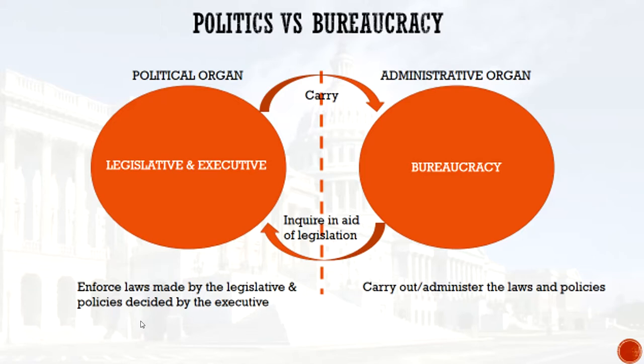The second reason the political organ is political in nature is that your legislative and executive serve as an arena for another political process, which is legislation. When we look into the features of the legislative, and we could also include the executive, we have a diversity of ideologies, ideas, and goals.